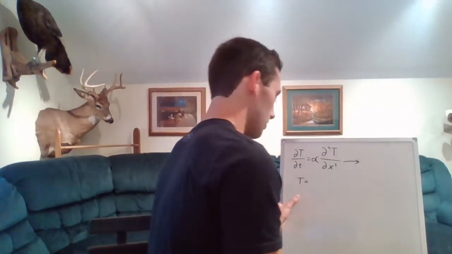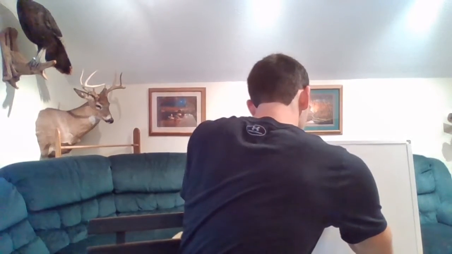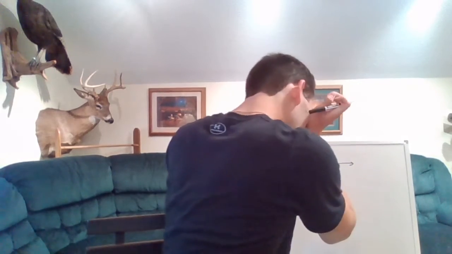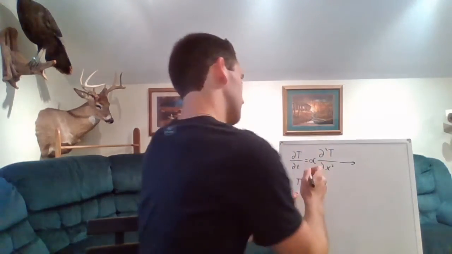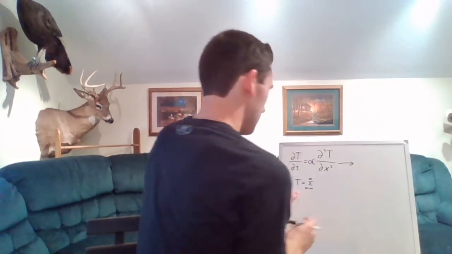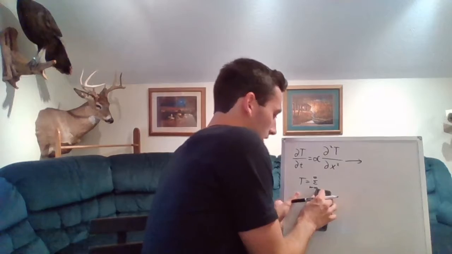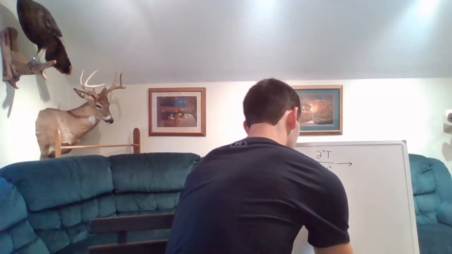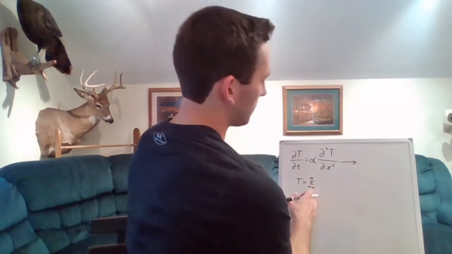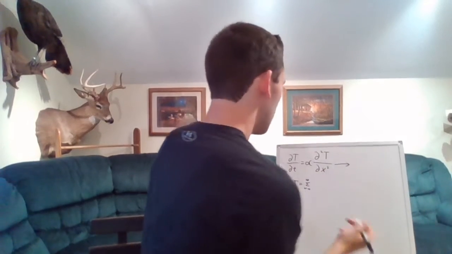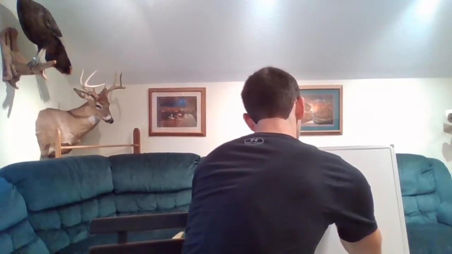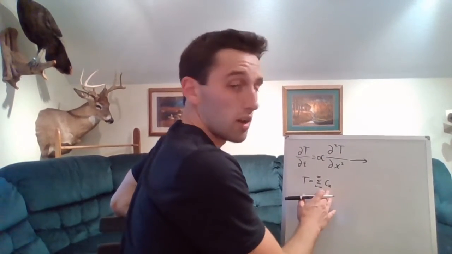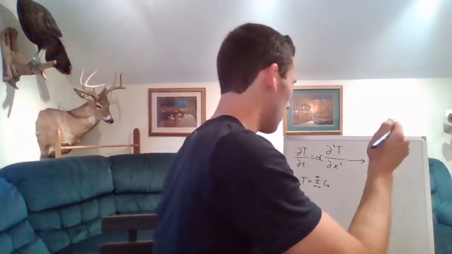So we have the temperature being equal to the sum from k equals -infinity to infinity, of C subscript k, in which this is the thermal conductivity of the metal.